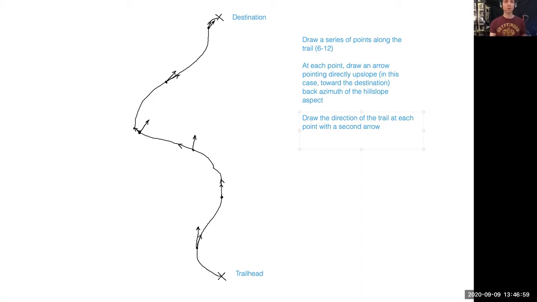So the trail doesn't care what its compass direction is. It does have to care a whole lot about what direction it is relative to the steepness of the slope. So the next and kind of final step with this part of it was to sort of just guesstimate the angle formed between the two arrows using back azimuths.